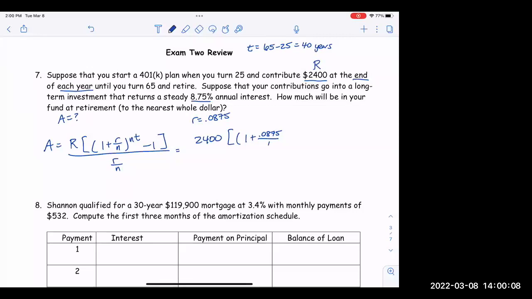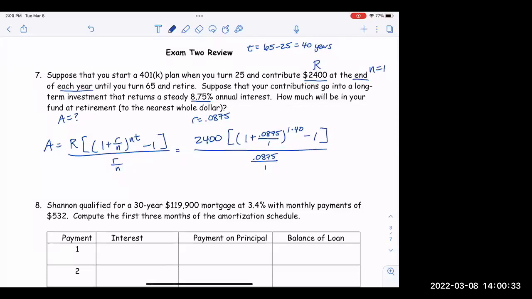So we would just use 1 for N. We calculated this was for 40 years, since it's from the time we turn 25 to the time we turn 65.